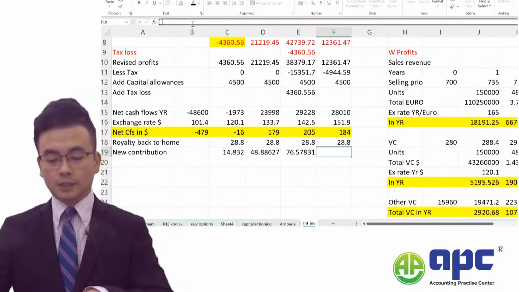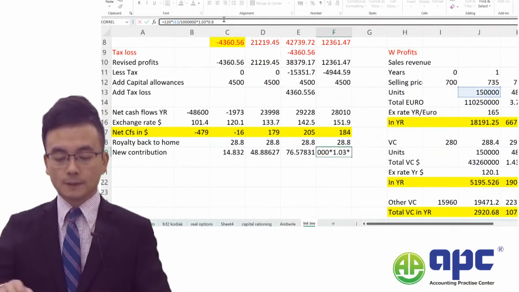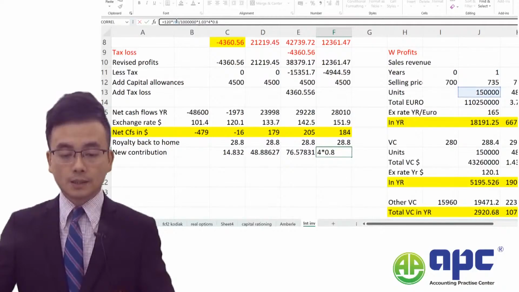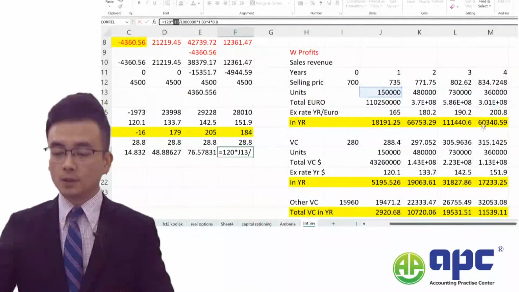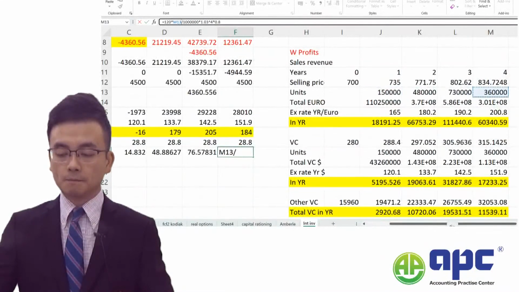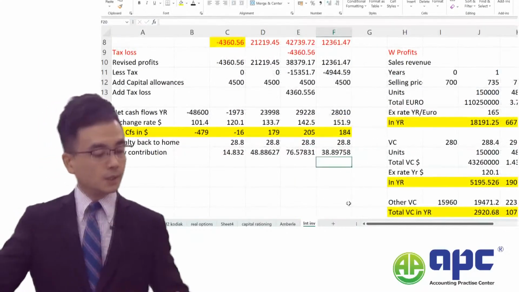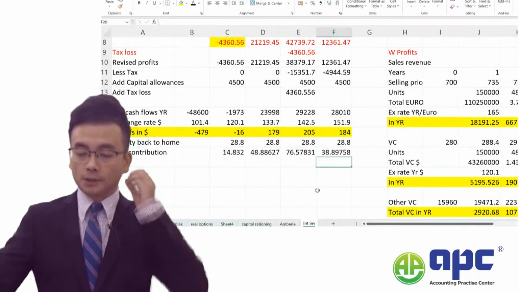And finally, slot that in for a power of 4, and then the number of units would be this one. Okay, just press enter. That would be 38.89.